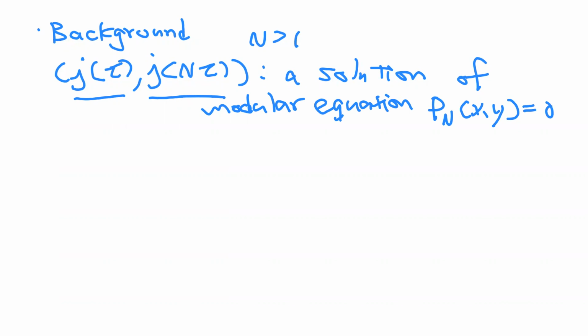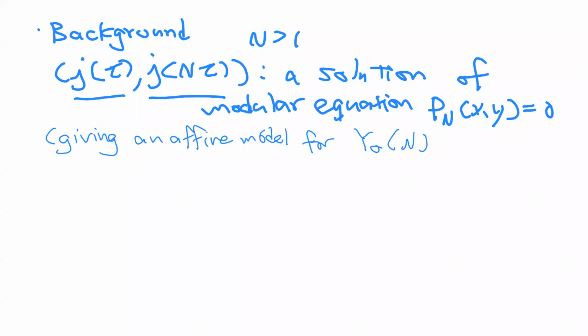This is called a modular equation. It's a rational polynomial, or if you will, an integer polynomial. In a way, this is an affine model for the modular curve Y0 of n.